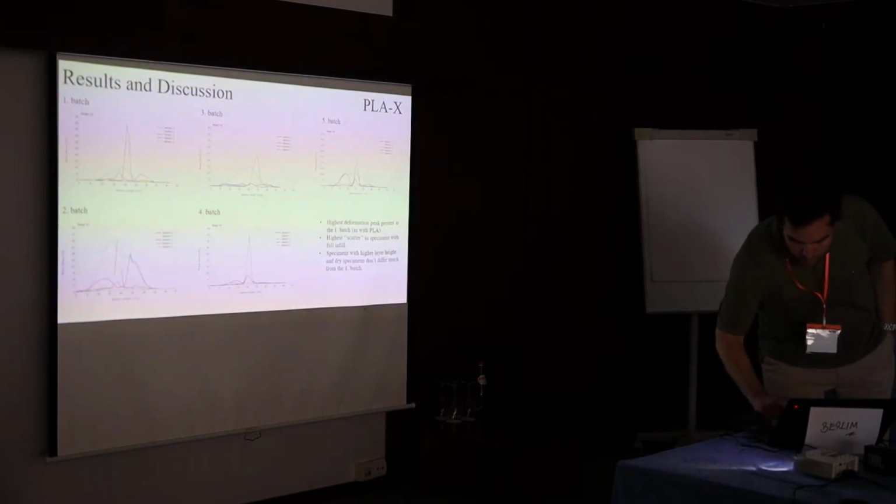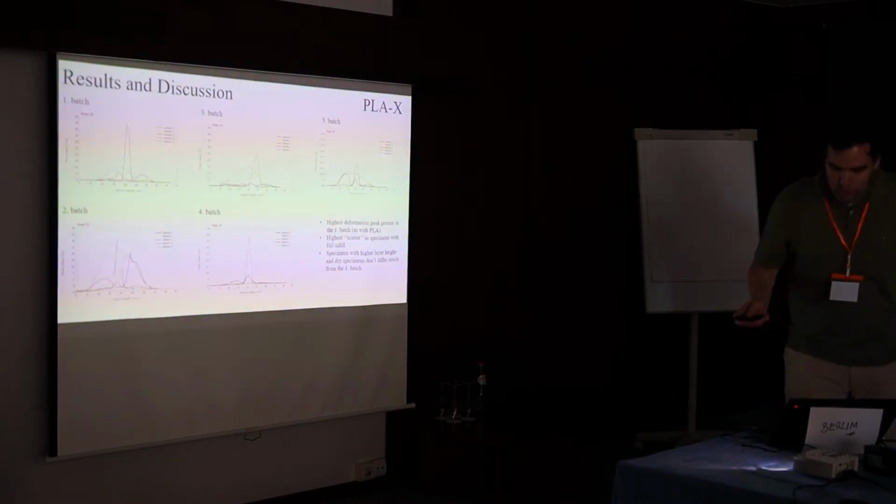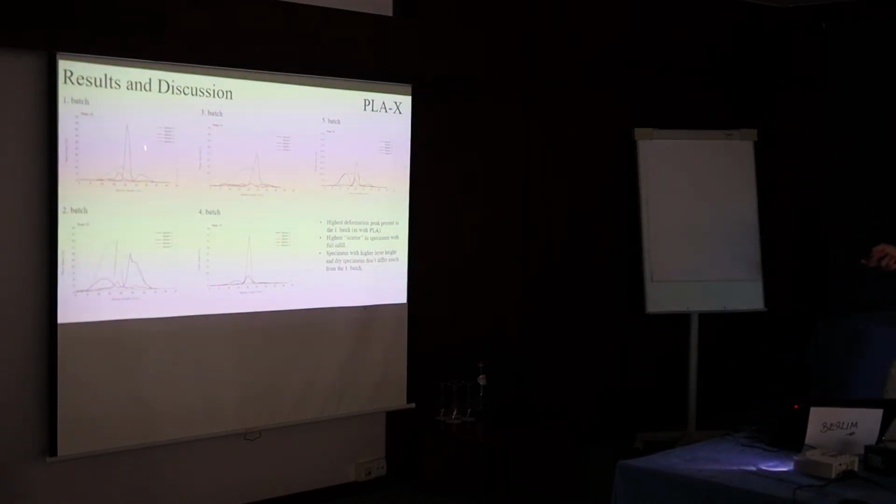Then the deformation diagrams, also a similar story as with PLA, but now the fourth and fifth batch, so the batches with lower infill percentage, don't differ that much from the first batch as the PLA did.